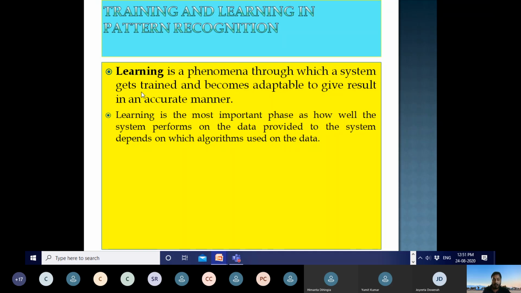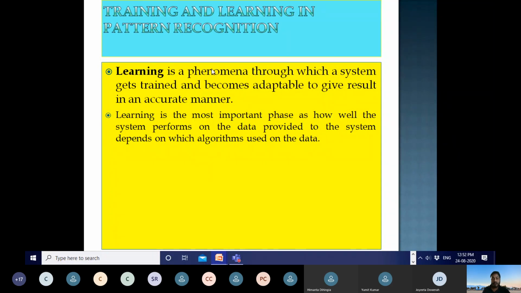When the training process is completed, the system should be adaptable in nature, meaning whenever new data come, the system should have the ability to classify and recognize those data, and that also in an accurate way. That is the learning process. Learning is the most important phase, as how well the system performs on the data provided to it totally depends on the algorithms that we use on the data. Overall, this learning term we use in our AI domain as machine learning.